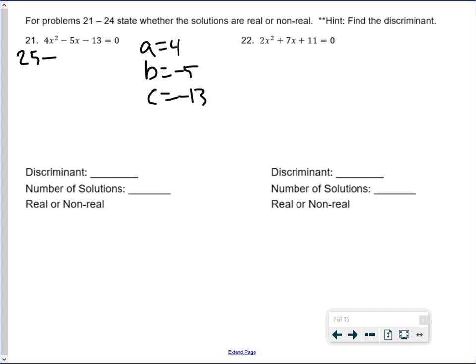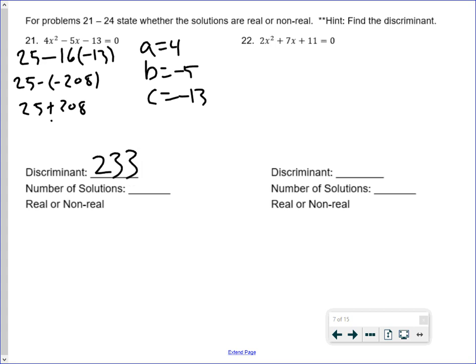So 4 times 4 is 16, and then 16 times -13 gives us -208. So you have 25 minus -208, or 25 plus 208, which gives us 233. So our discriminant is 233.